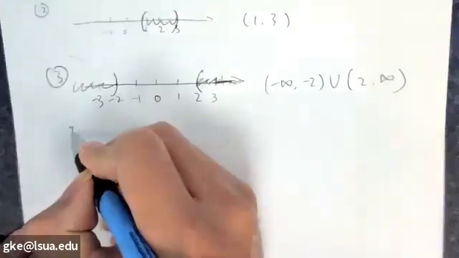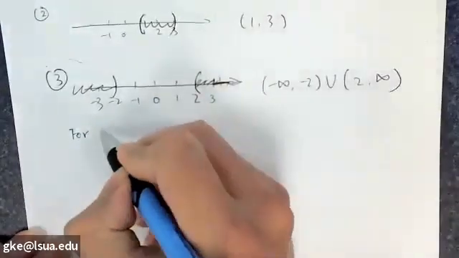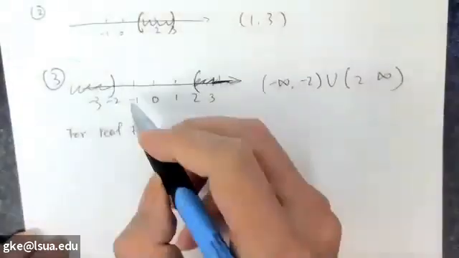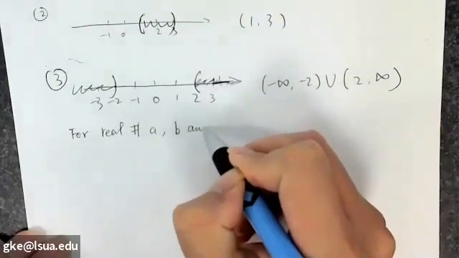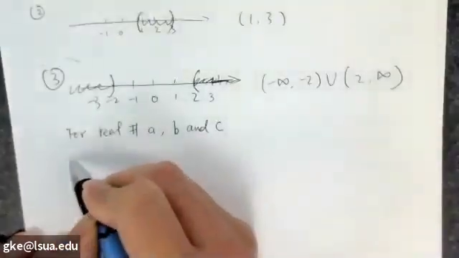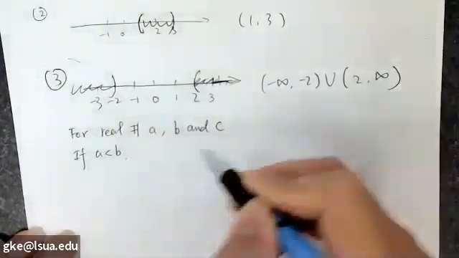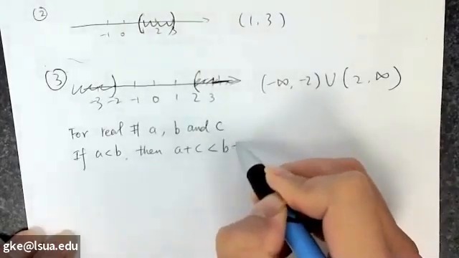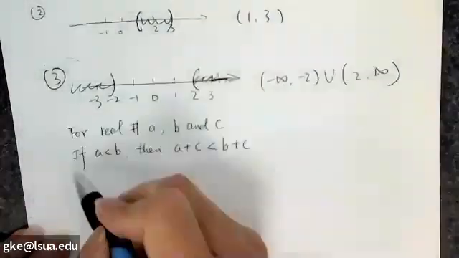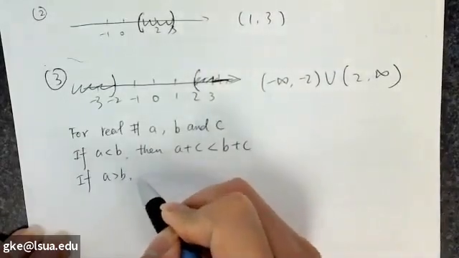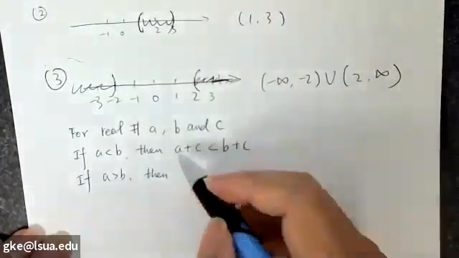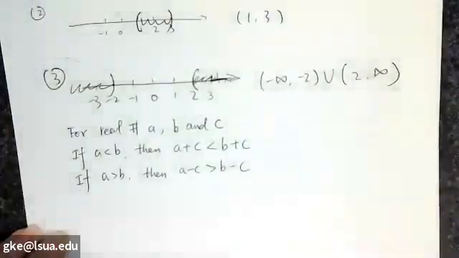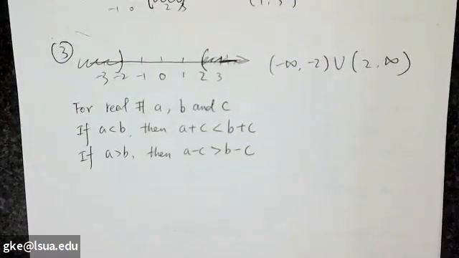Today we're gonna learn very basic properties for real numbers A and B and C. If A less than B, then A plus C. What does that mean?